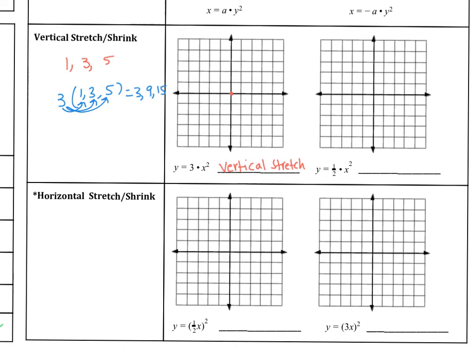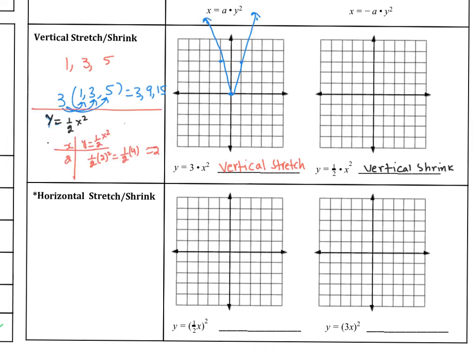So starting from 0, 0, our next point is going to be 3, and the next point is going to be 9, let's say. So that's how you're going to use the pattern, and it's going to be your vertical stretch graph.